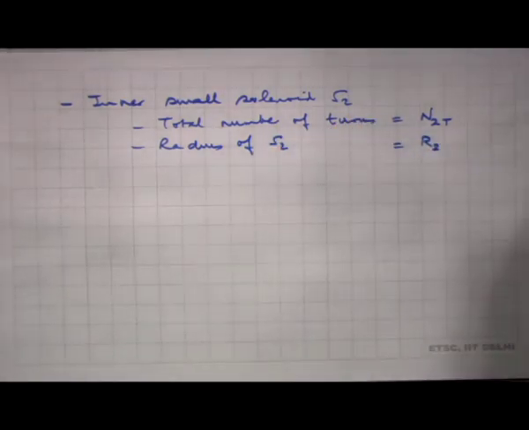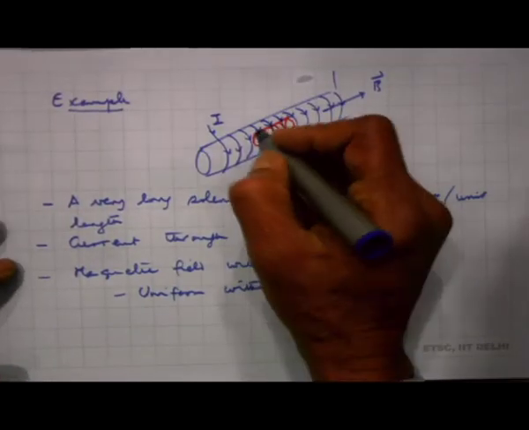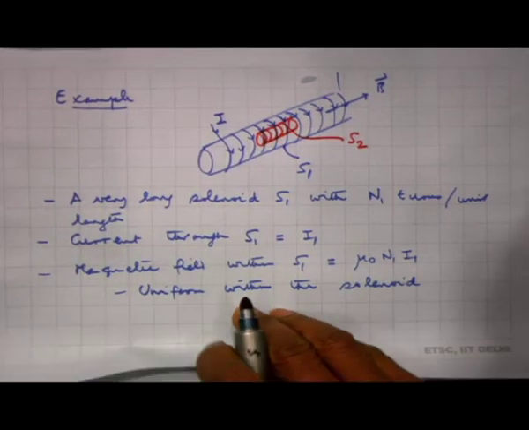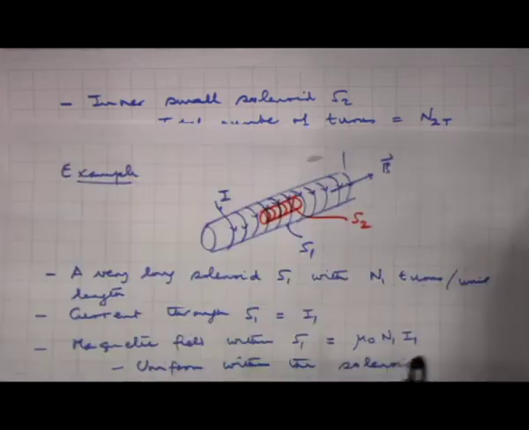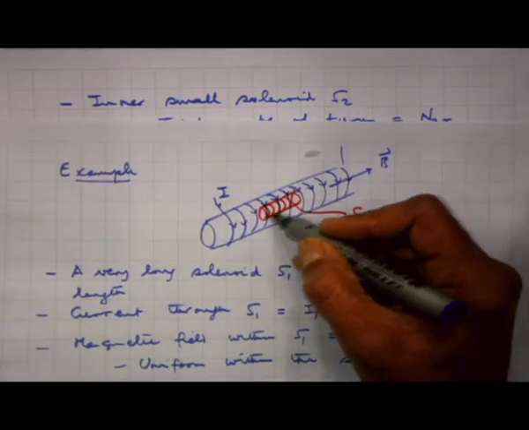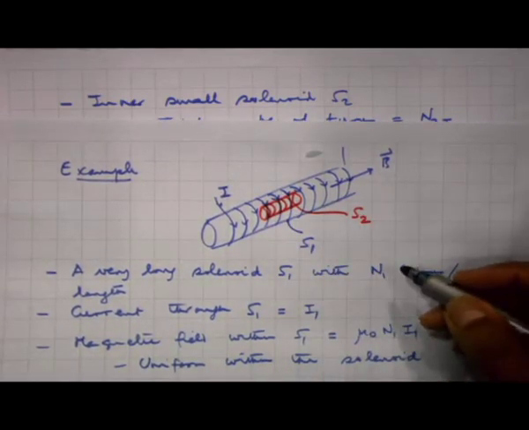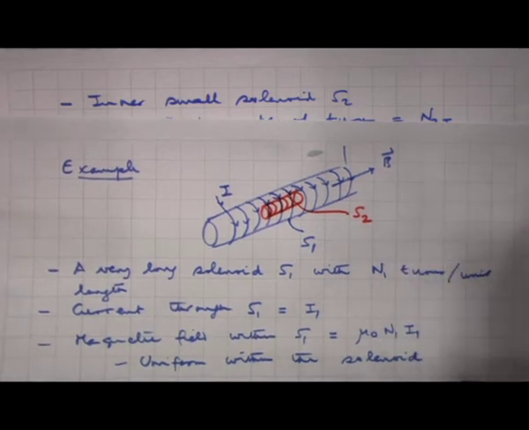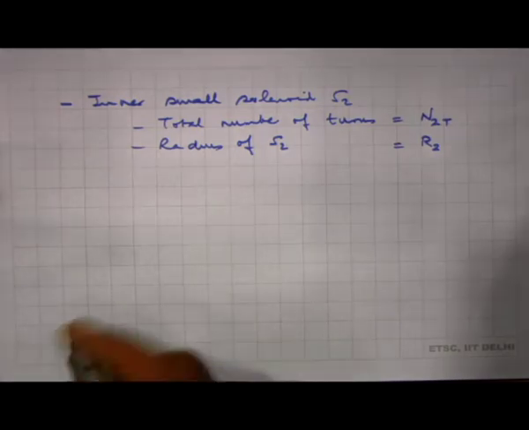So, R2 is the radius of the inner solenoid, and it carries a total number of turns N2T, which is equal to the number of turns per unit length of the inner solenoid multiplied by the length of the solenoid. I would need only the total number of turns in this inner solenoid, so I am just calling it N2T.